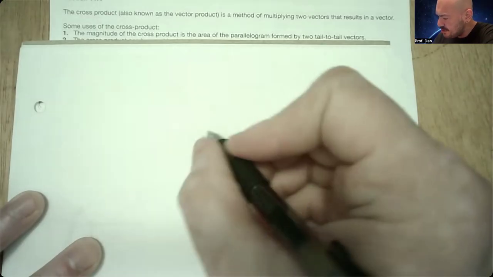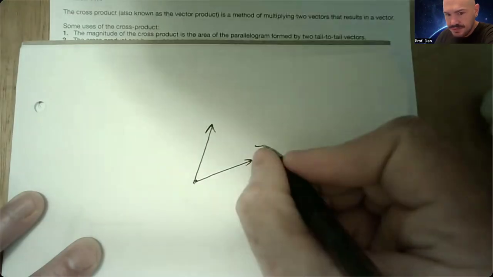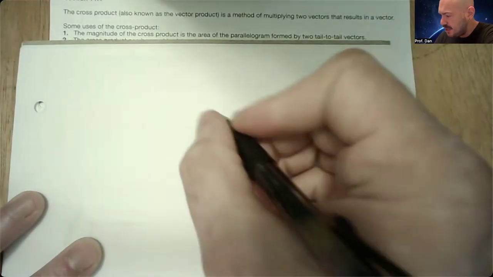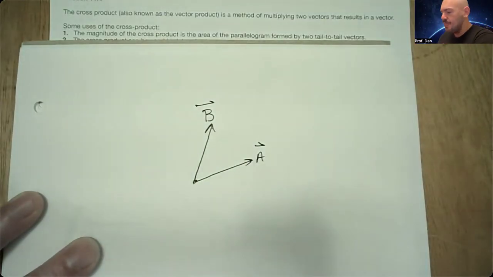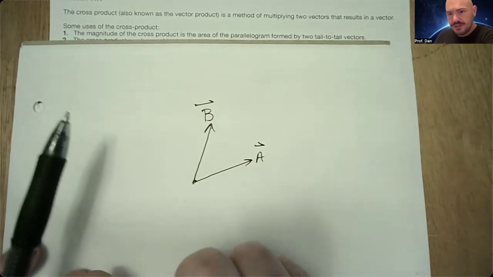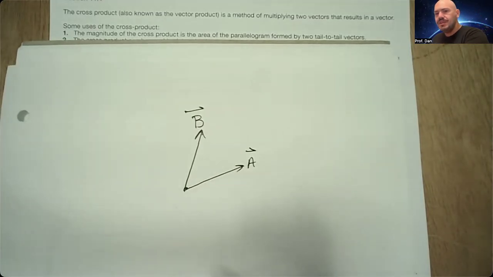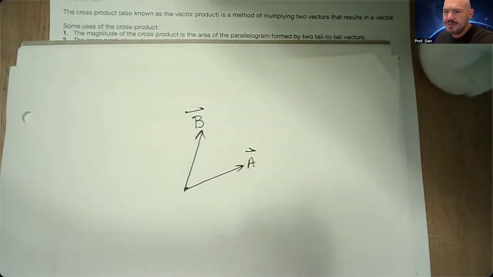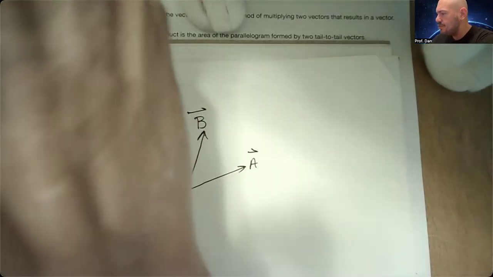Got vectors A and B. If I wanted to take the cross product, the resulting vector would have a magnitude that we can compute using some of the stuff that we know about vectors in general.